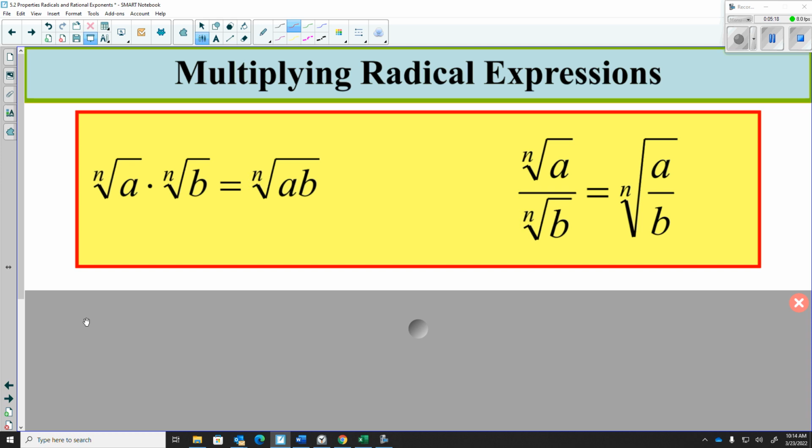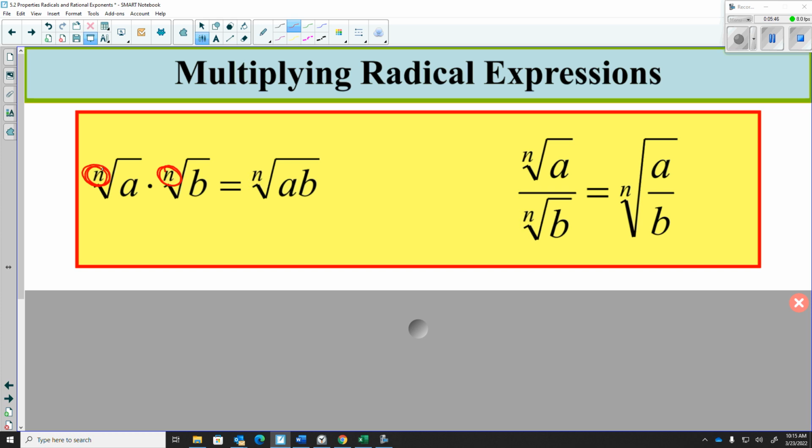Guys, here's all it is. If you're looking at this thinking, what is that? It means that if you have a bunch of stuff with the same radical and the same index, the rule is this: you can put them together or you can pull them apart.